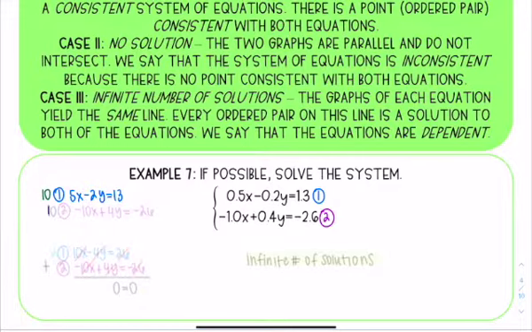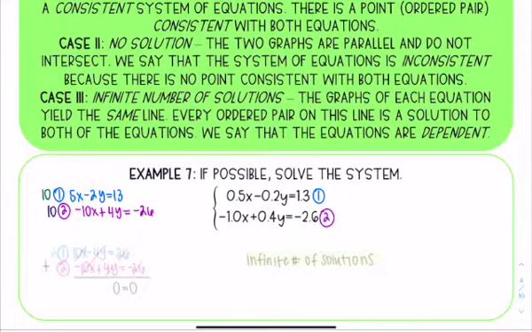For the second equation, we're going to do the same thing. We're going to multiply by 10 so that everything moves to the right one spot. So this is going to give me negative 10x plus 4y equals negative 26.